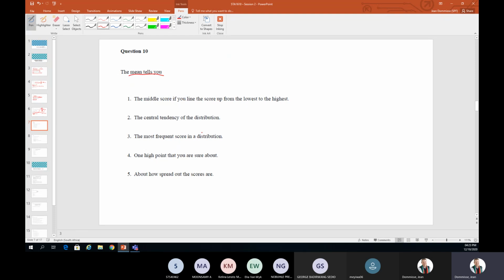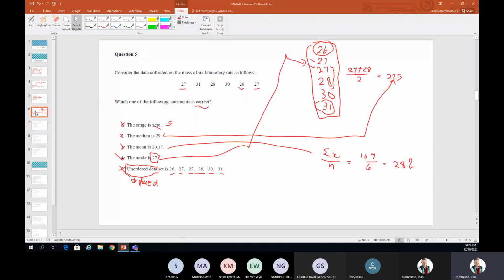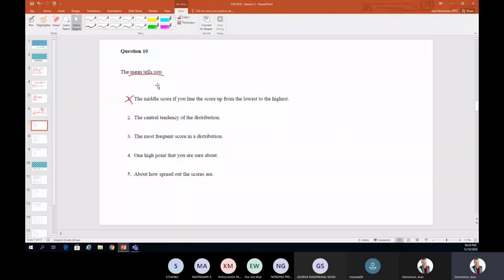The mean tells you the middle score if you line the scores up from the lowest to the highest. And now, what is that one? I just want to check this one. The middle score, if you line the scores up from lowest to highest, so that is actually your median.